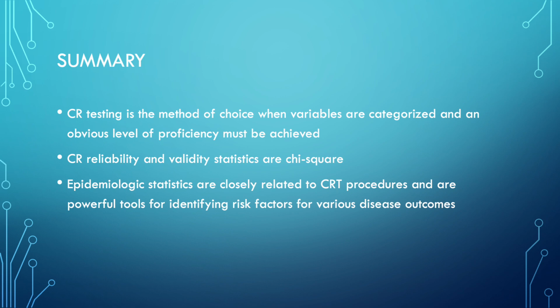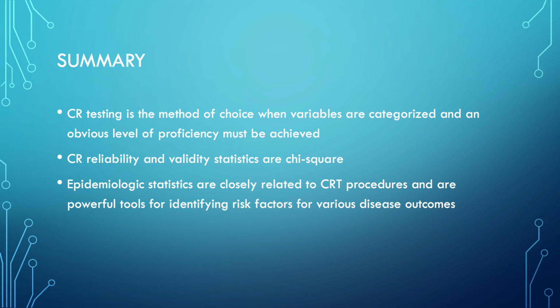Criterion reference testing is the method of choice when variables are categorized and an obvious level of proficiency must be achieved. So this is definitely the preference, especially when we need that cutoff score to show proficiency or mastery. The criterion reference reliability and validity statistics that we talked about include the chi-square.